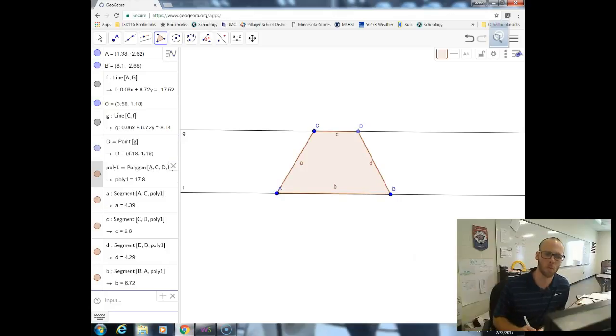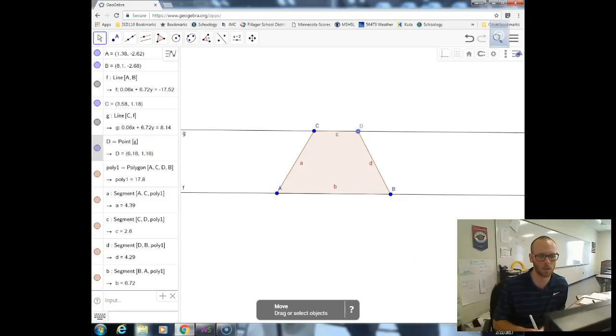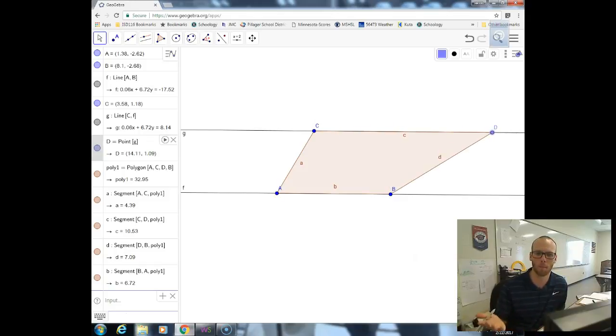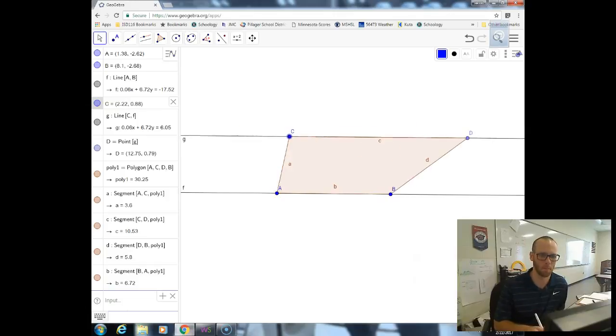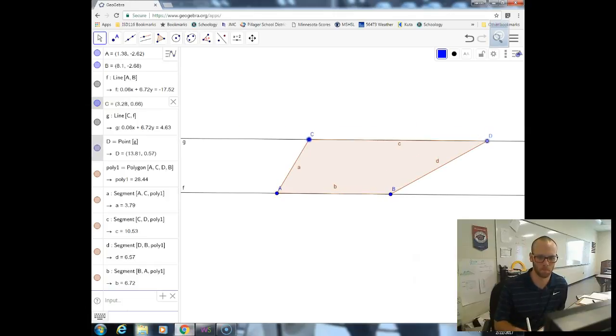I used one pair of parallel sides to make a trapezoid. Is this a trapezoid? Yes, it is. Notice I'm going to try to avoid a parallelogram, where these legs would be parallel as well.